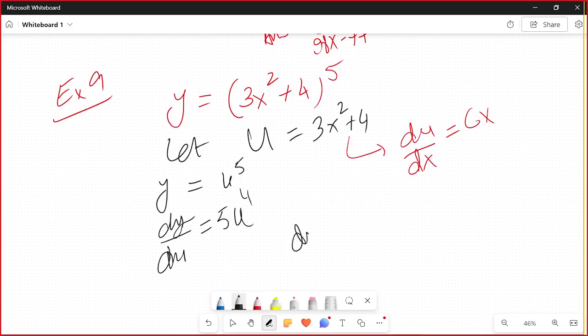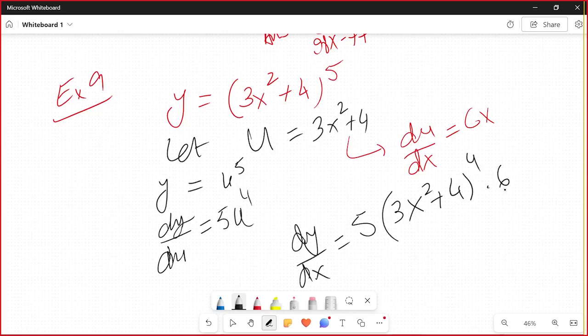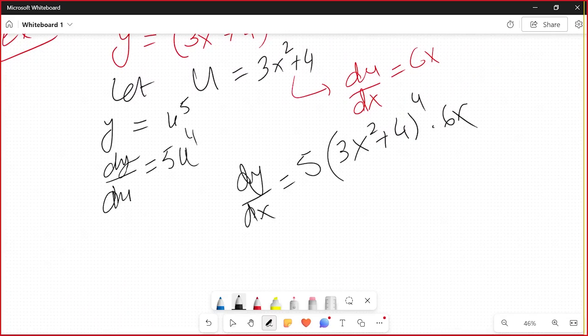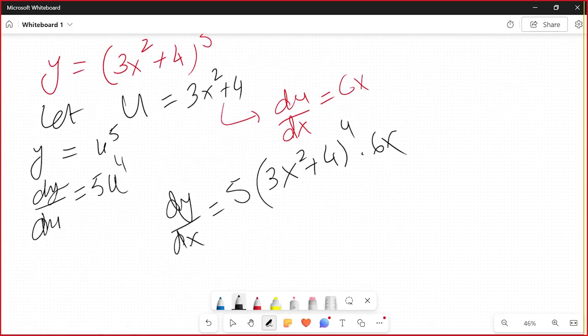Now we would say dy upon dx is equal to 5, and we would put u, 3x square plus 4 raised to the power 4, times 6x. This becomes 6 times 5 is 30, 30x into 3x square plus 4 raised to the power 4. You get that? Okay.